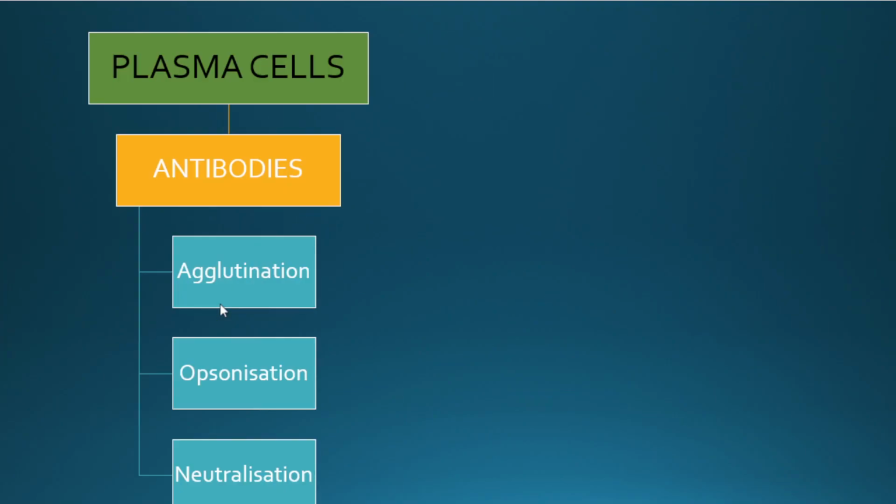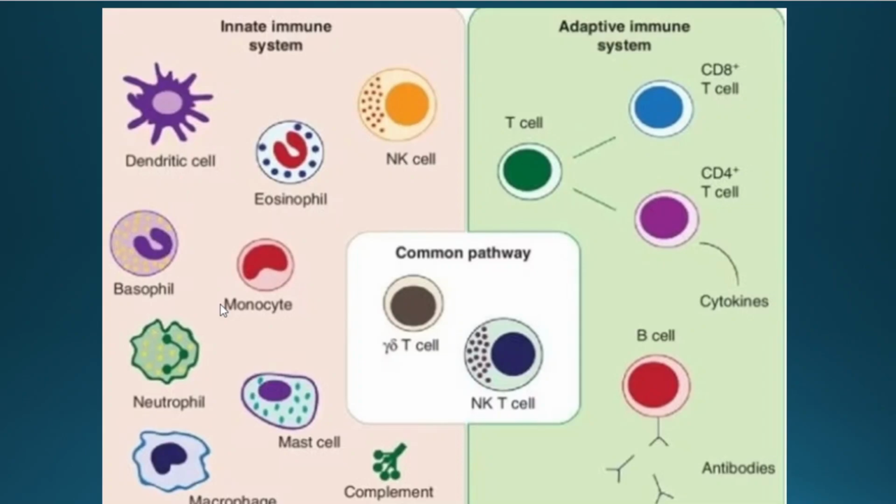Our plasma cells produce the antibodies which perform three main functions: agglutination, opsonization and neutralization. So we have seen various barriers of our body, of the innate immune system as well as the adaptive immune system, that attack every pathogen that has entered into our body.